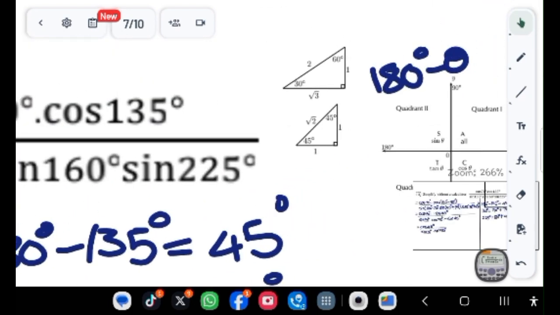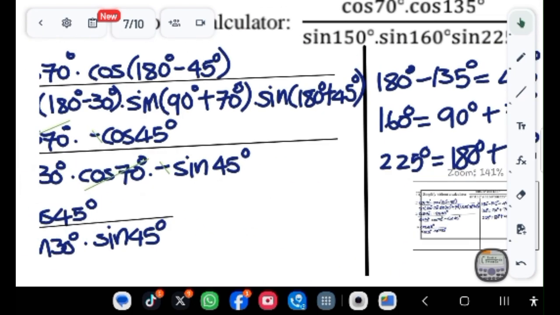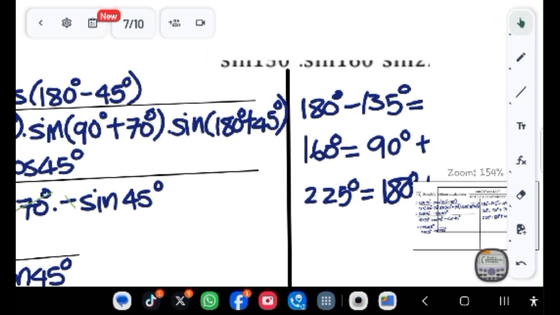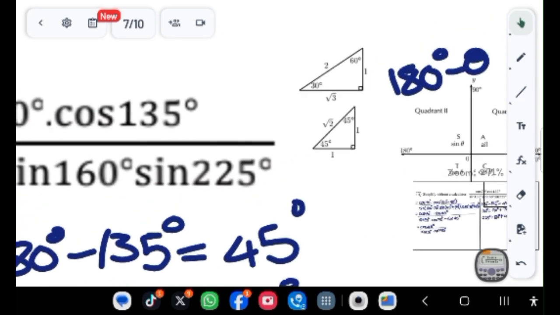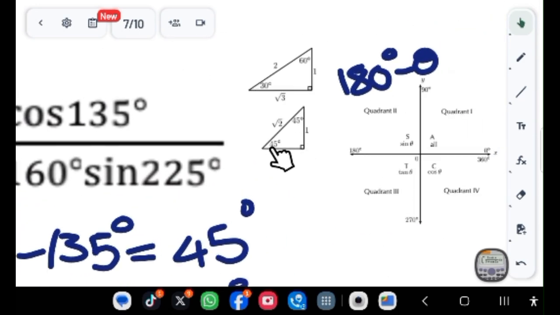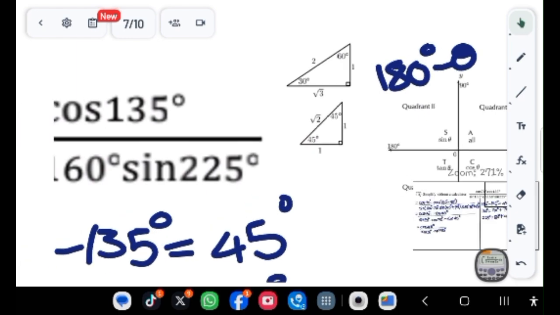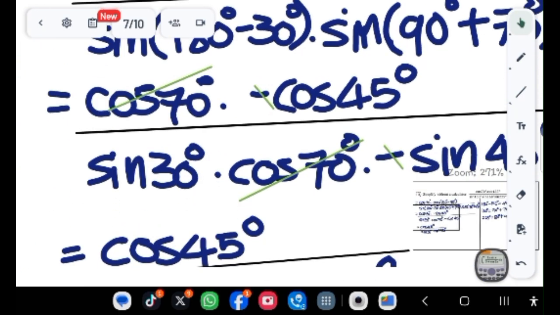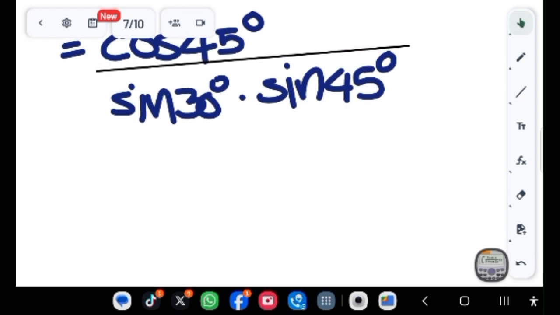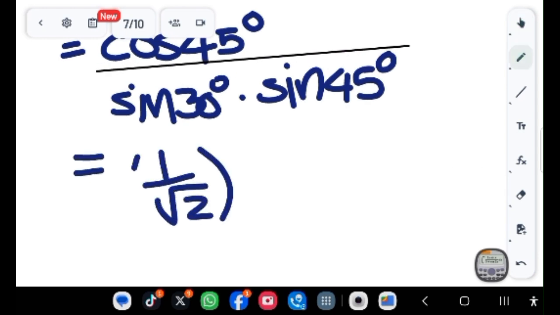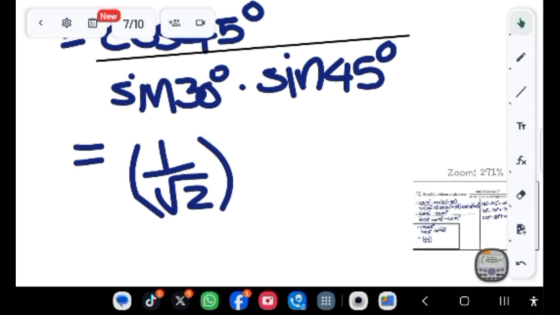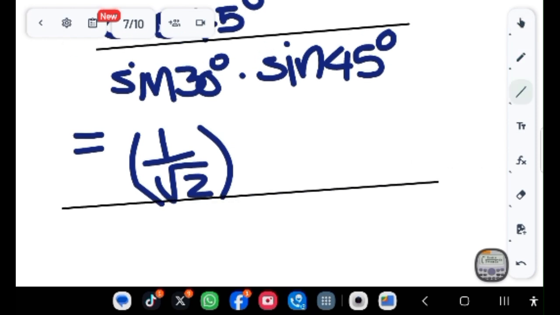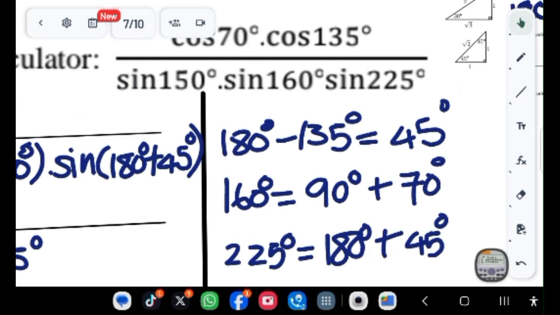Let's start with the 45 degrees. Cos of 45 is adjacent over hypotenuse, so that gives us 1 over square root of 2, all over sine of 30 degrees.